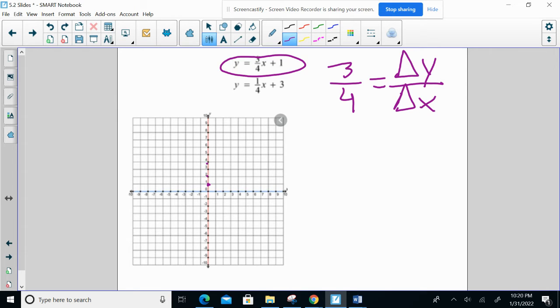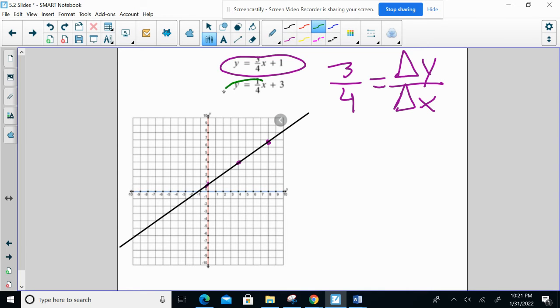1, 2, 3. 1, 2, 3, 4. Right there. I'll continue that pattern for a little bit. Up 3. 1, 2, 3. All right, let me grab my line tool here. You just grab your ruler. And I'll go like that. Straighten it out a little bit and we'll be good to go. All right.